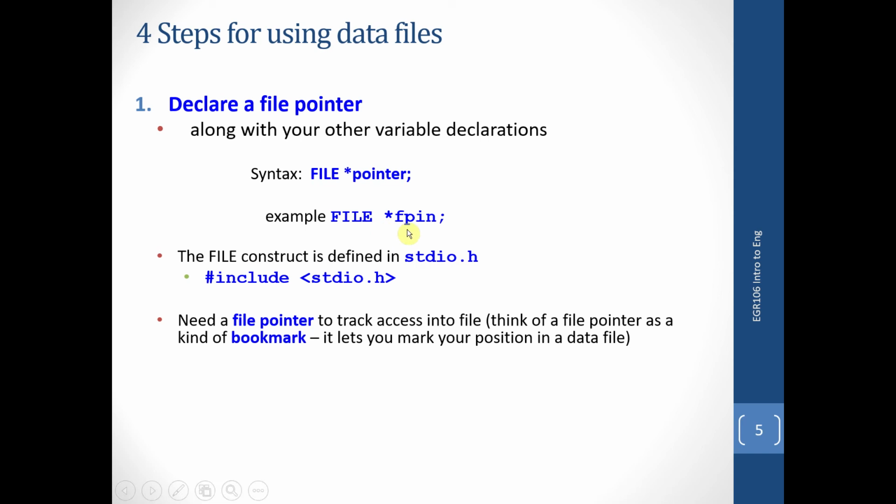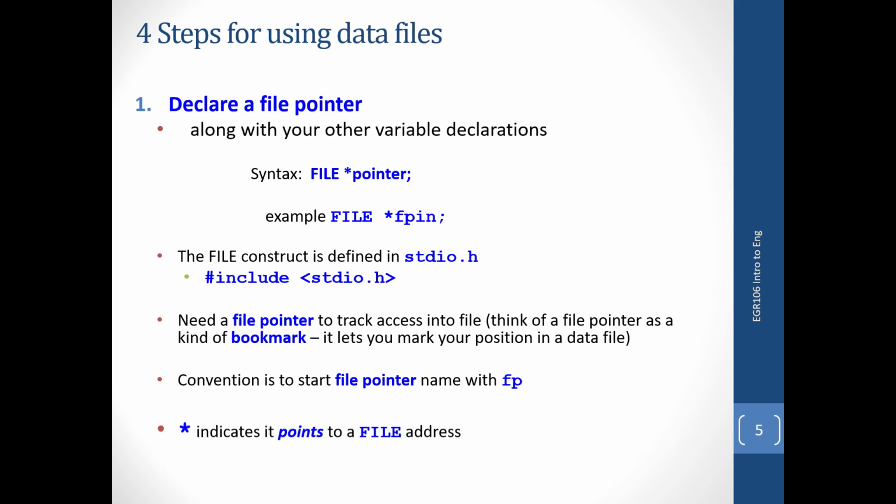We're making a pointer. It's a special type of pointer called a file pointer, but it's nothing different than the pointers we've learned before. It's just saying, I need to remember where this file is located, so I'm going to just hold its address in this pointer, and that's all I'm going to do. Like I talked about, convention states that you start your file pointer name with FP, and then just like a regular pointer, we always declare that with the star.